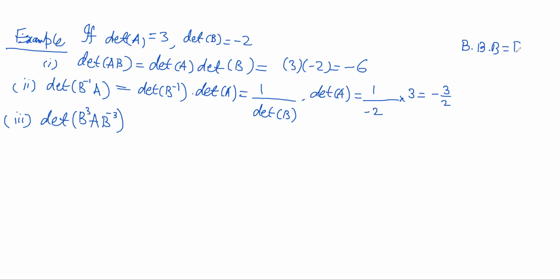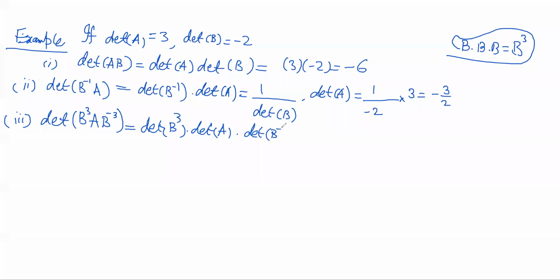So that is B cube in matrix form, the matrix product three times. So it is the determinant of B cube times the determinant of A times the determinant of B minus 3.